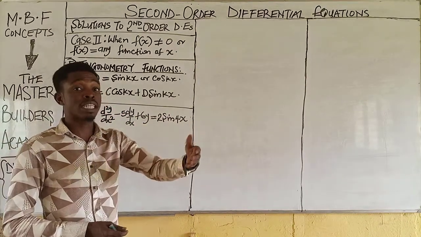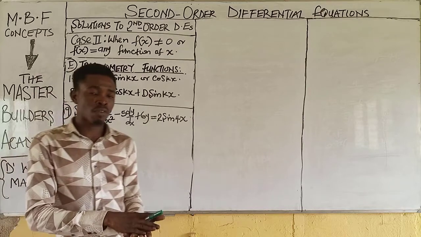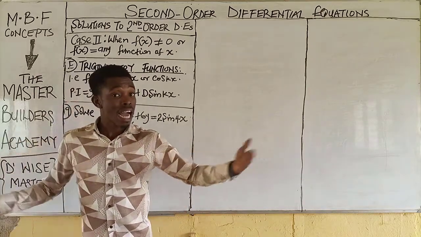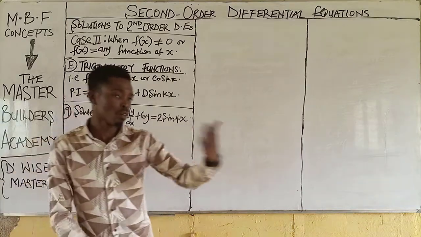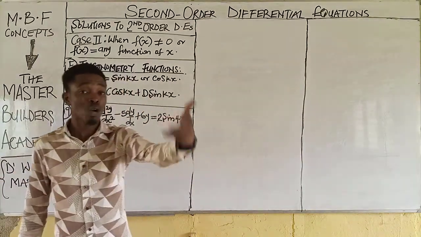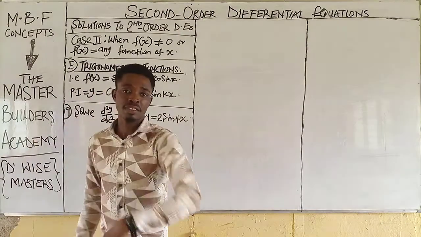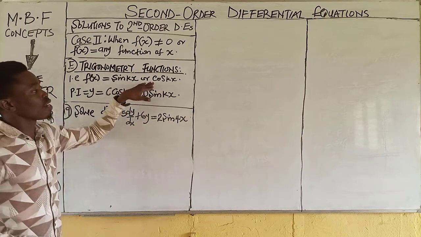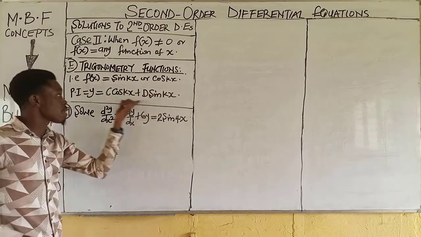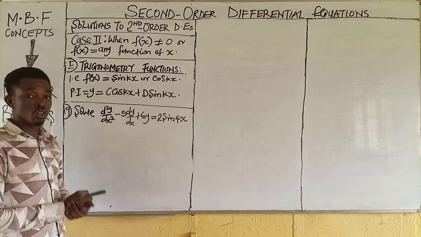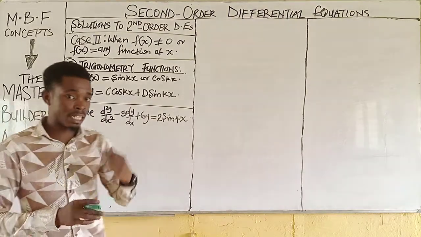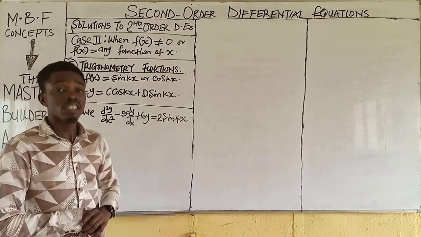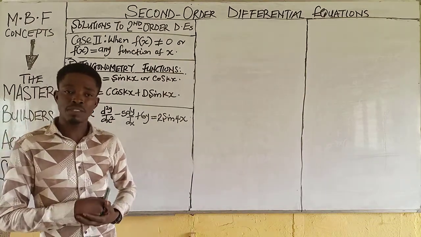Before you get the particular integral, there exists a complementary function which already has constant a and constant b as the arbitrary constants. So from c, that is where you begin to have constants for the particular integral. Whether you are given sine kx or cos kx, this is the particular integral that you use for a second order differential equation where f of x at the right hand side is equal to a trigonometric function.